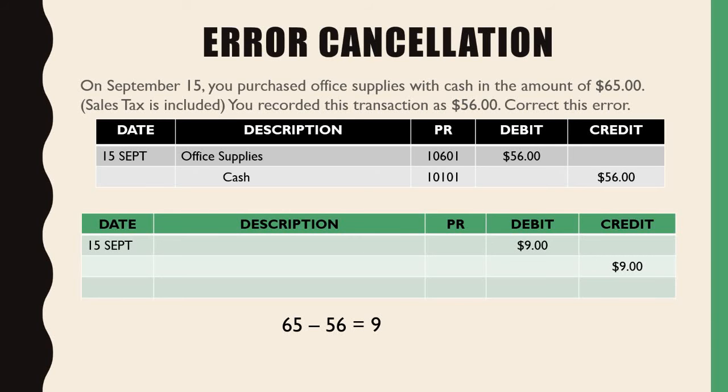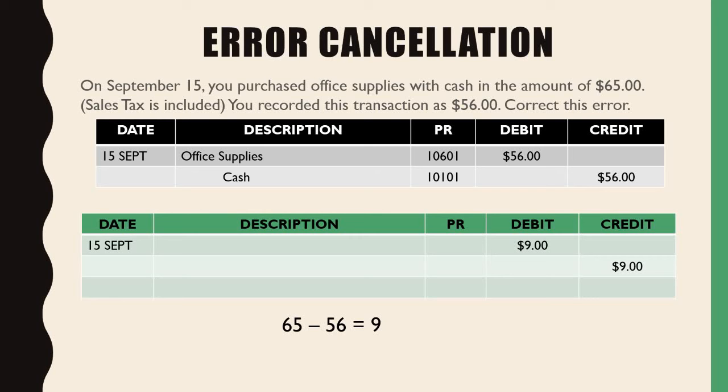Now, I have to think about this very carefully because this is where I can also make a second mistake that I might have to fix again later on. I now need to determine which account is over and which account is under. Am I short in office supplies or am I over in office supplies?